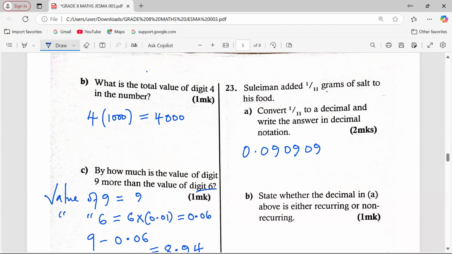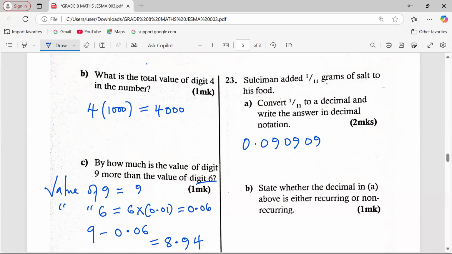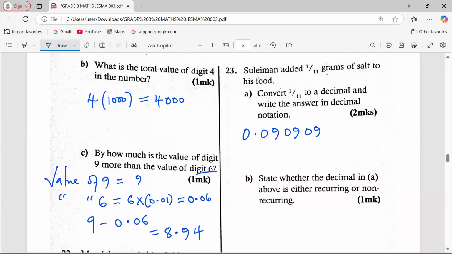Therefore, we need to say that the repetition here is 090909. So we indicate that 0 and 9 are repeating.